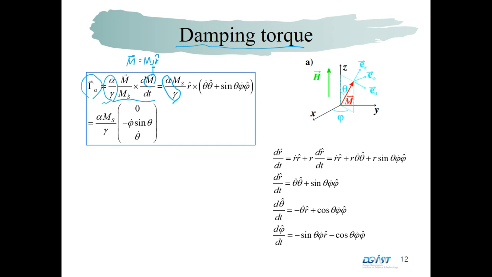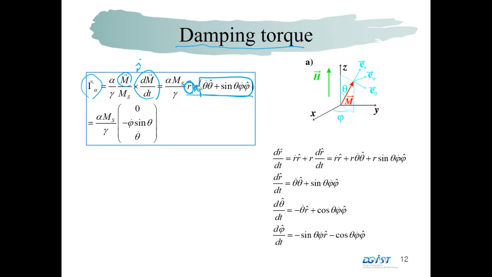So we have two MS, and one MS is cancelled by this term. So we have one MS remaining here. The other part is only the unit vectors. N has a unit vector r here, and we have a cross product, and this part is for dm/dt.